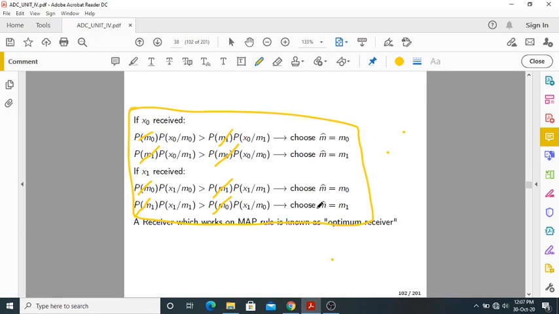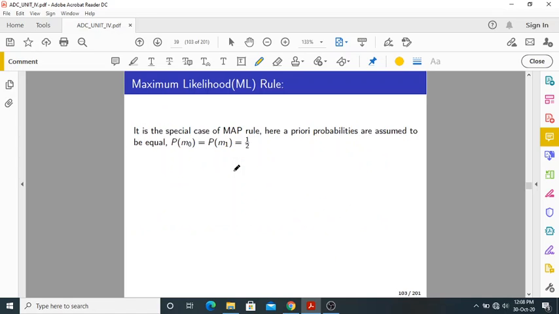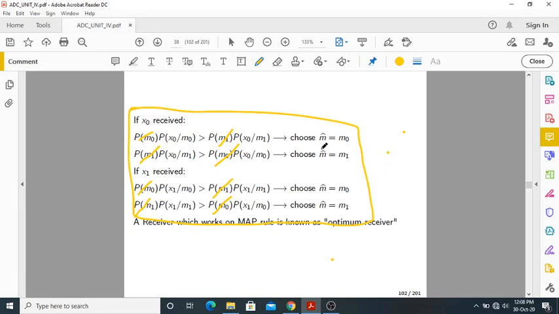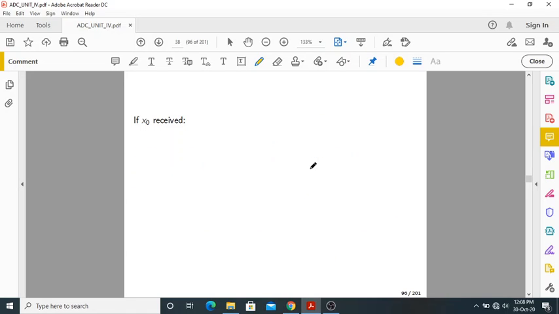But I hope you got the complete idea of what is the ML rule and what is the MAP rule. So the ML rule is a special case of MAP rule whenever all the symbols are equiprobable. So you get the ML rule. If they are not equiprobable, you have to go for the MAP rule. That's it. But in our course, we have already assumed that all the symbols are equiprobable. So we always go with the ML rule, maximum likelihood rule. But here, what is the maximum likelihood? Again, you have to go for the maximum likelihood function. What is the likelihood function?